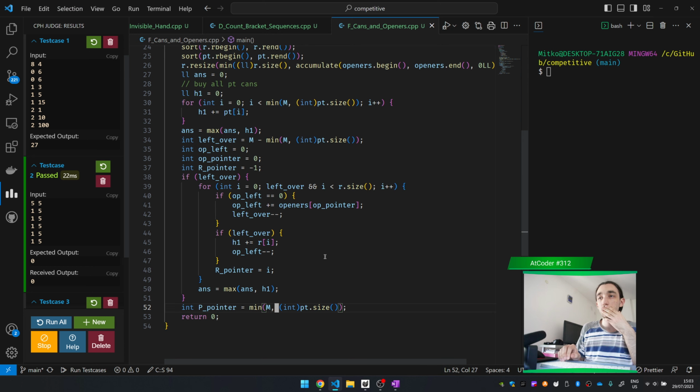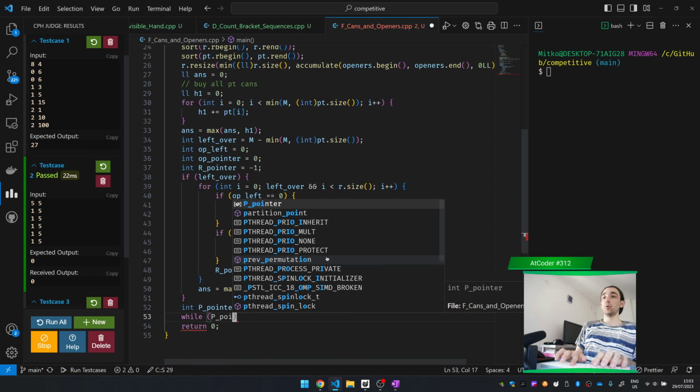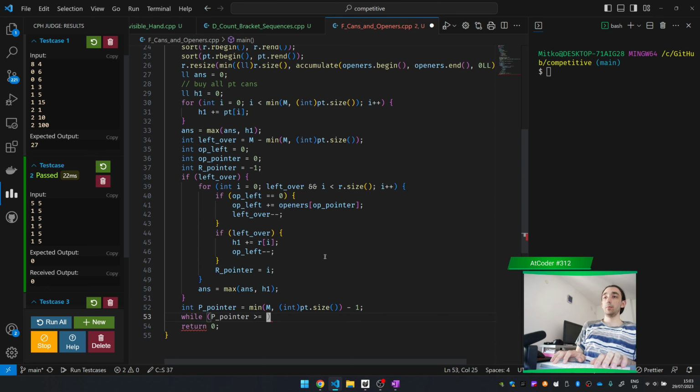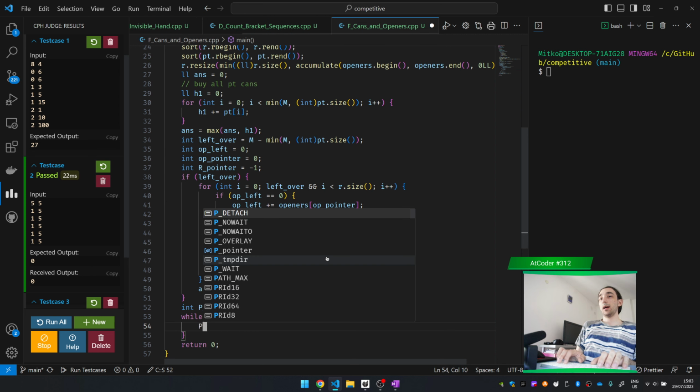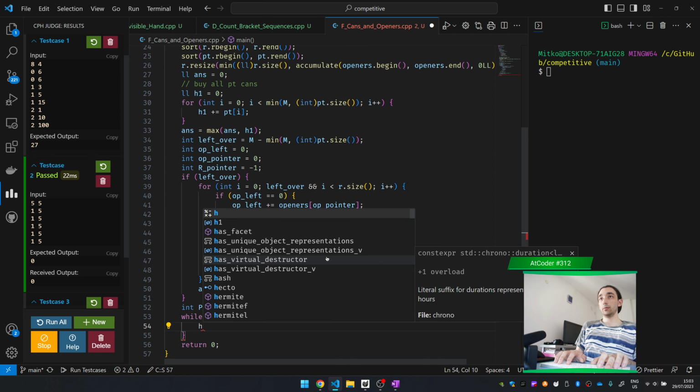No, cannot be 0. So the minimum of m and pt.size, this is how many things I bought, minus 1 is the last thing I bought. And then while p pointer is bigger or equal to 0, I want to unbuy this thing.